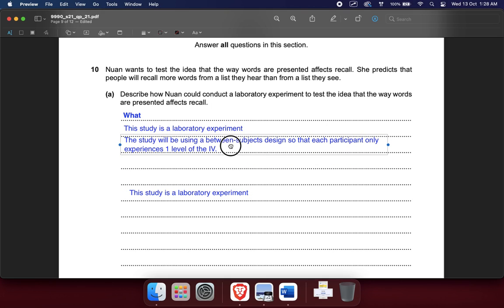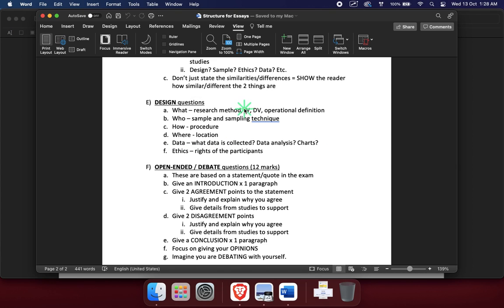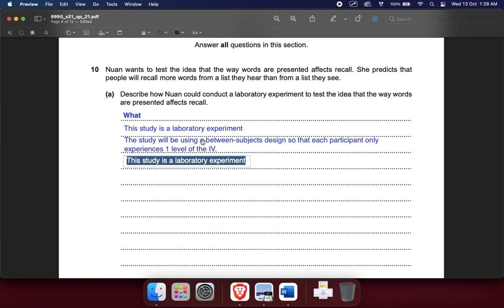Look at my format. What is the IV? What is the DV? What is the operational definition? So the IV in this study is the presentation of words.